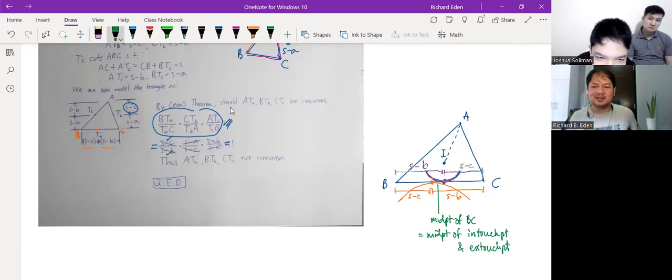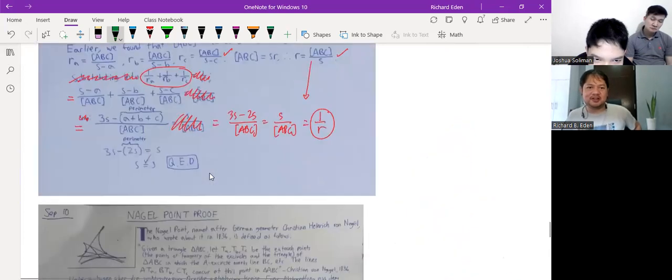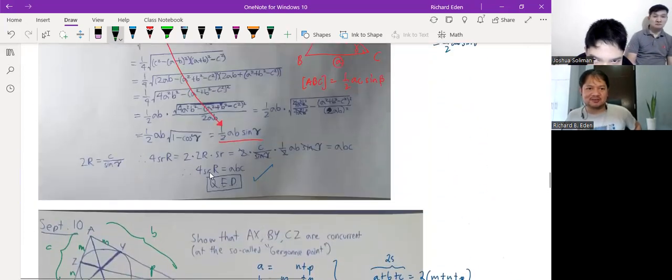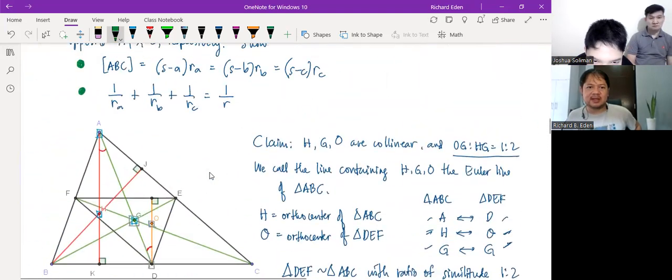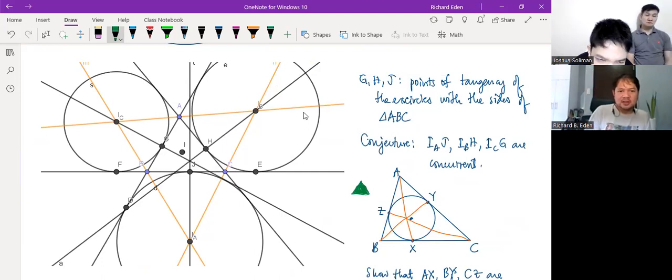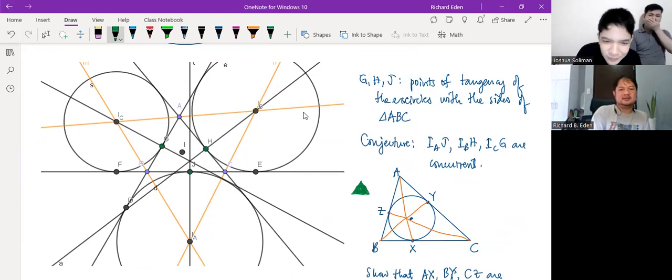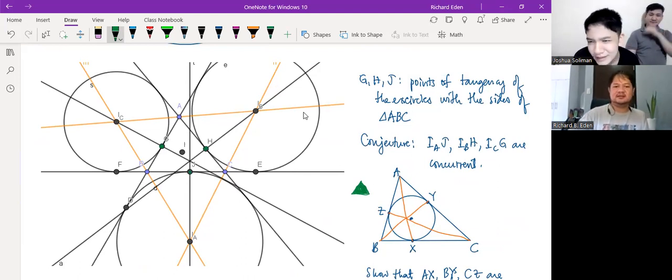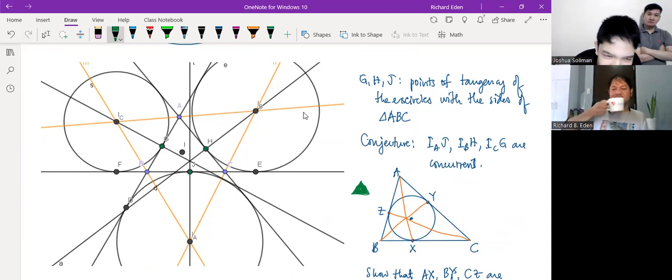But hey, remember there was one other conjecture we noticed. Back to the figure. You see G, H, and J. My first conjecture, actually, was not the Nagel point I noticed. AJ is concurrent to something.